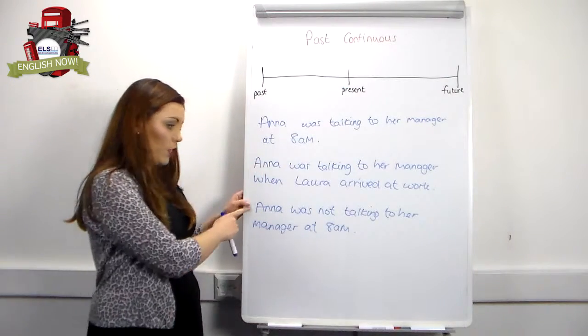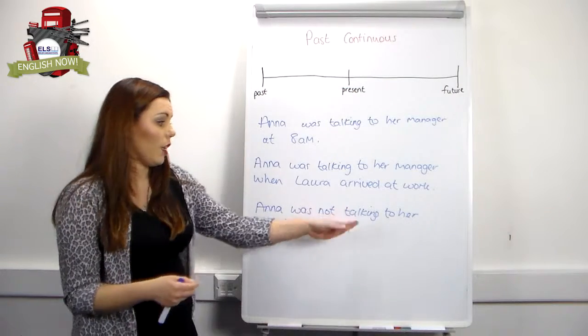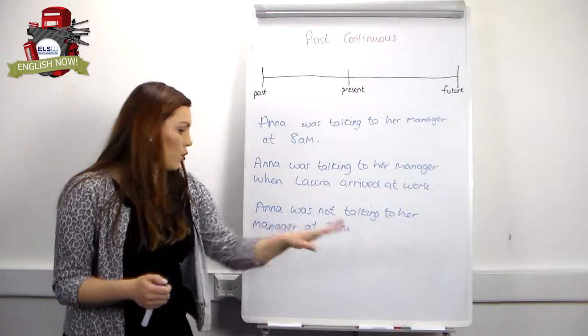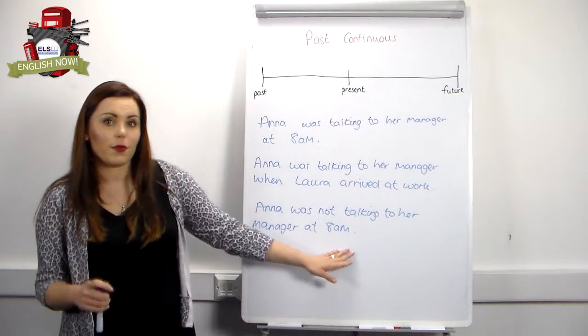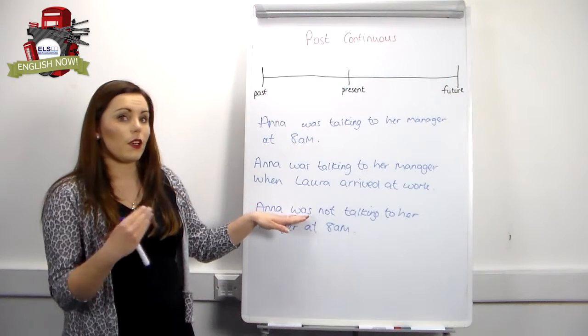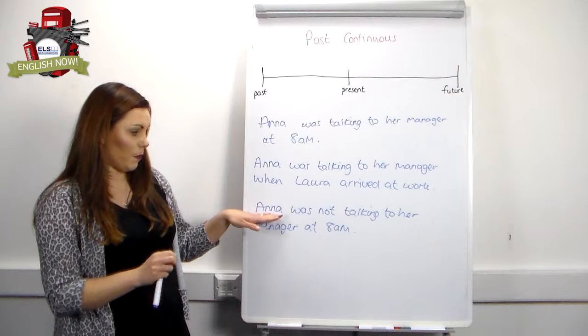We start with our subject, followed by be, our negative word not, and our verb with ing. Anna was not talking to her manager at 8 a.m. Again, the only difference is that we use the past of be, which is was, because it's a singular subject.